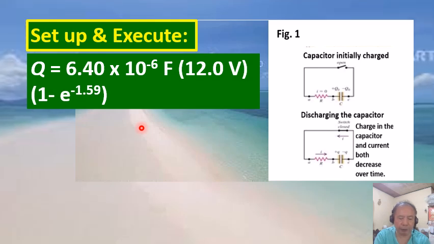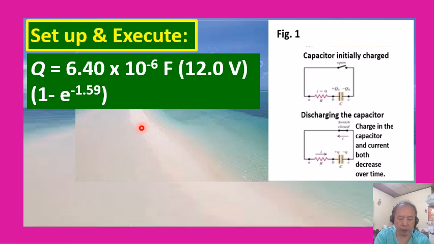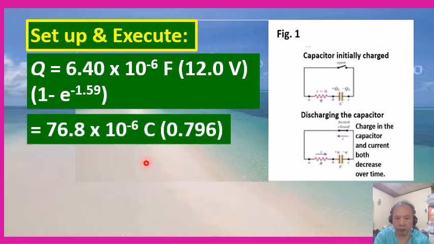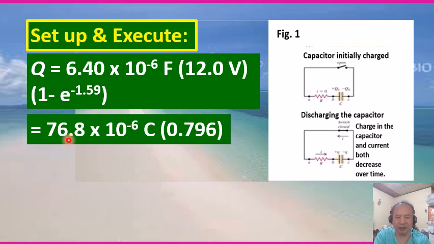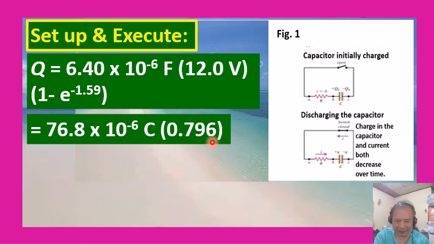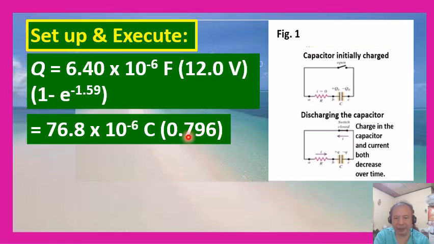And with the help of your scientific calculator, you should get the value of big Q equal to 76.8 times 10 to the negative 6 coulomb, multiplied by 0.796, right?